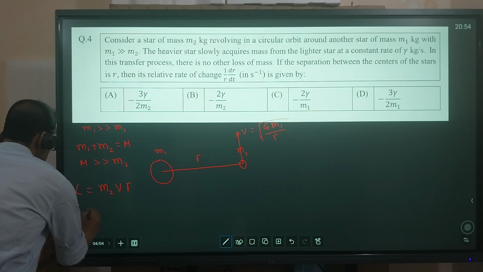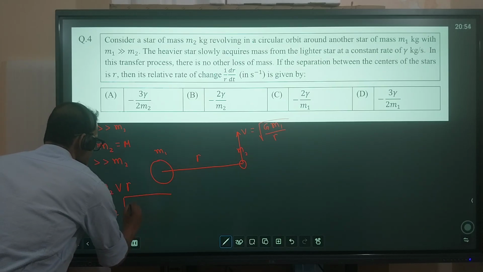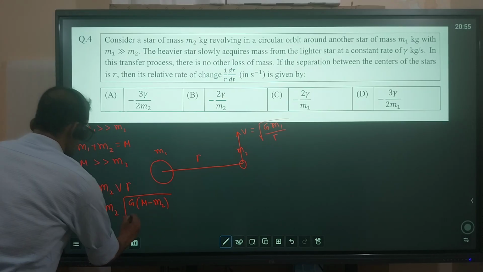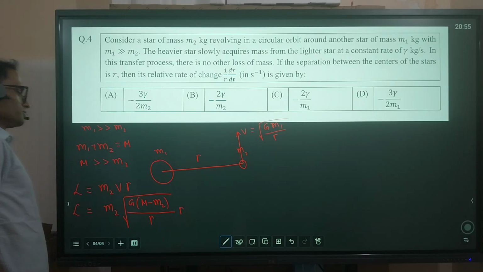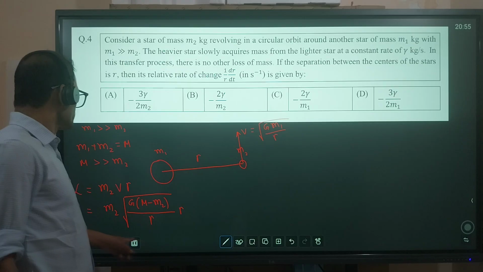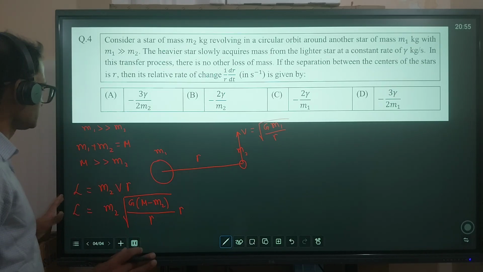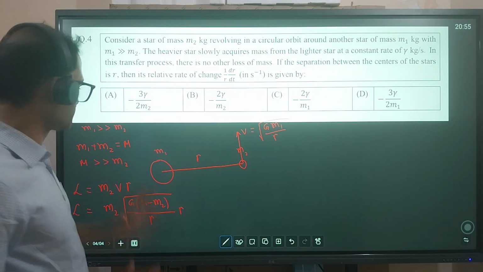So m2 is m2, and v is under root g (M minus m2) by r. I have written M minus m2 because I don't want so many variables, so m1 is removed. This capital M is not a variable, it is constant.